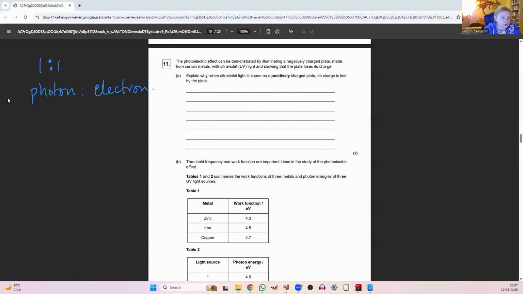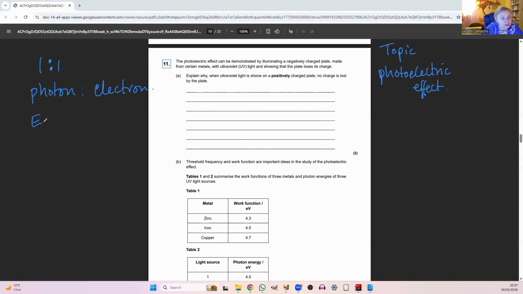Okay, so we are going to first of all figure out what the topic of the question is. What's the topic? I mean, it's a question set on photoelectric effect. And what you should do is you should now go and get your data sheet out and you should have the photoelectric equation in front of you.